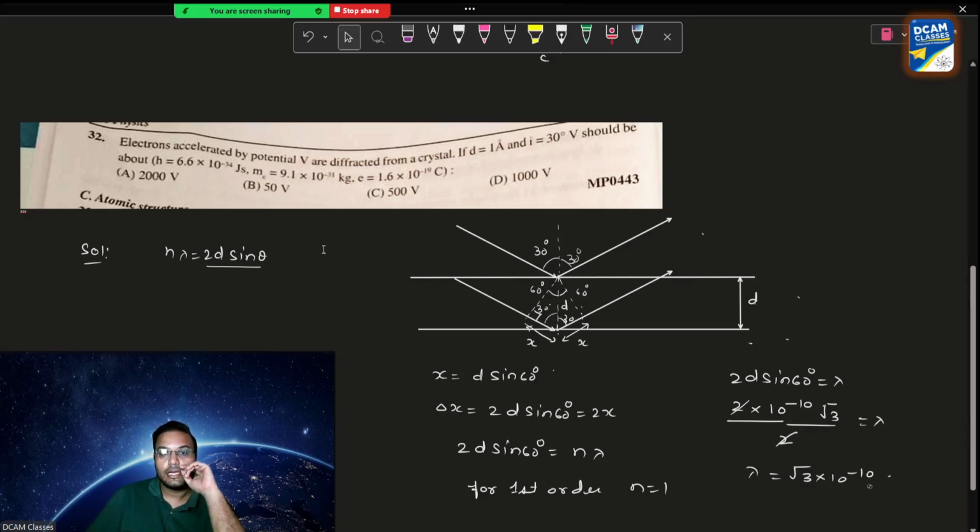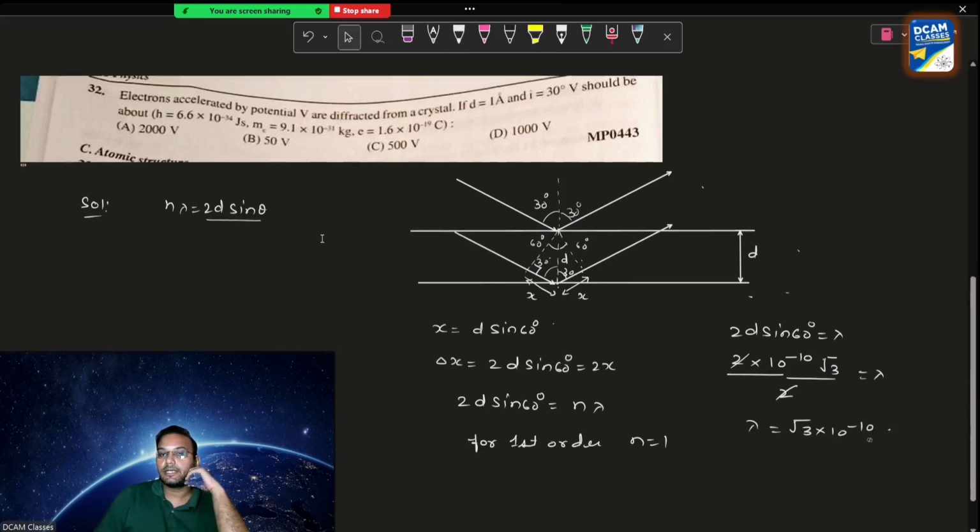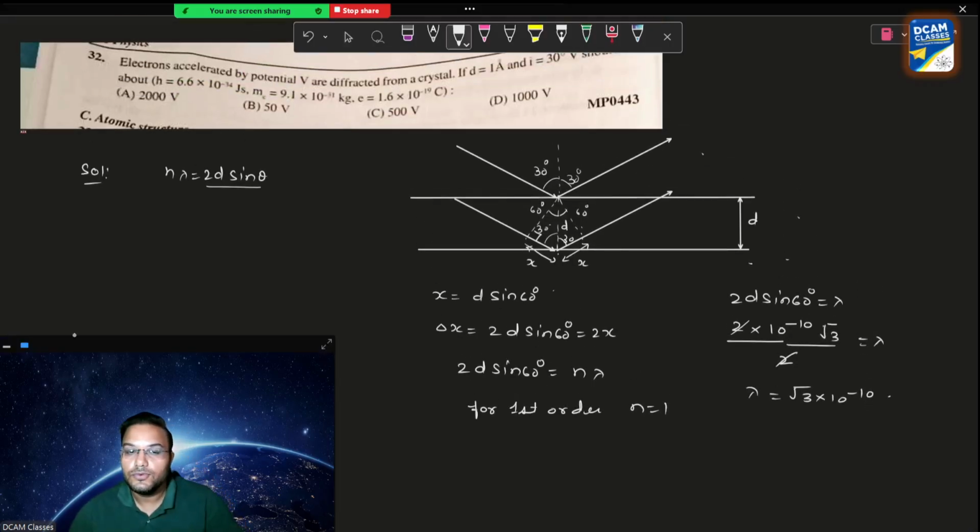Now coming to the electrons accelerated by potential V. When an electron is accelerated by the potential V, it gains a potential energy, that's e into V is equal to half mv square, where v is the velocity.